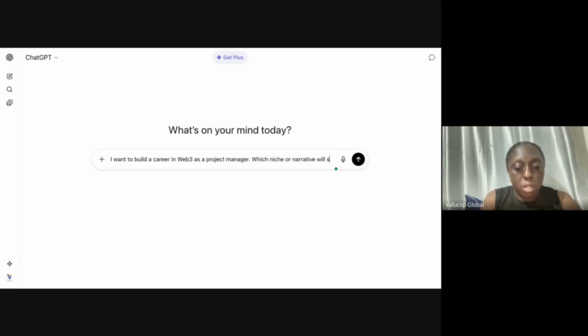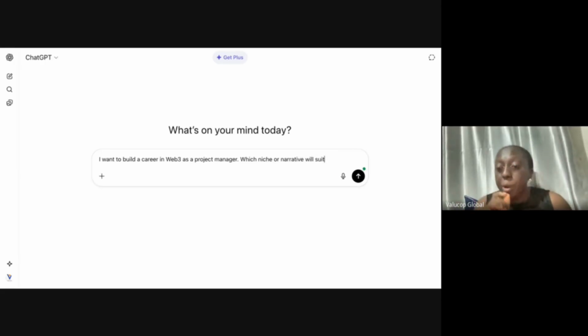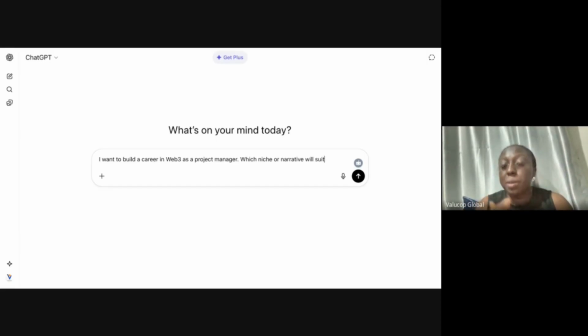will suit me best? Now, there's another problem with going this route: ChatGPT doesn't know you unless you've built your ChatGPT so well that it now knows your personality. That's very possible because ChatGPT has a memory that stores things.